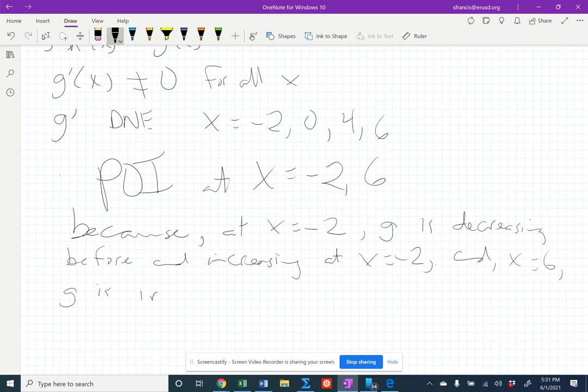G is increasing before x equals 6, and decreasing after.